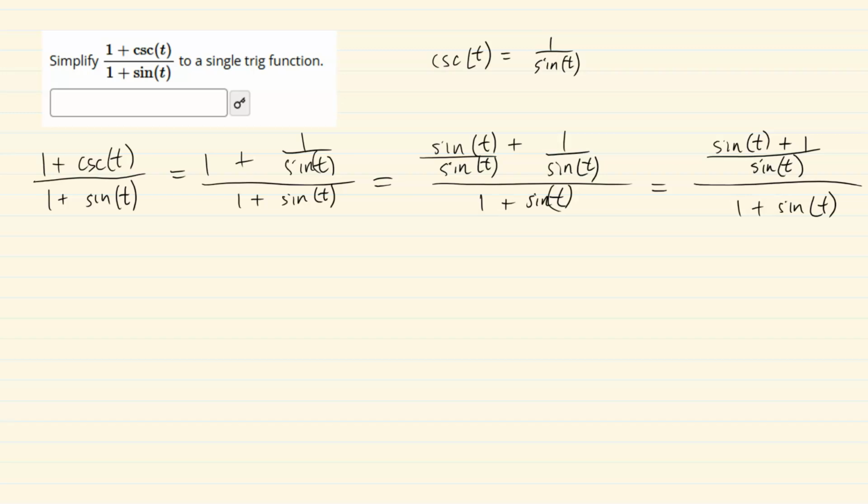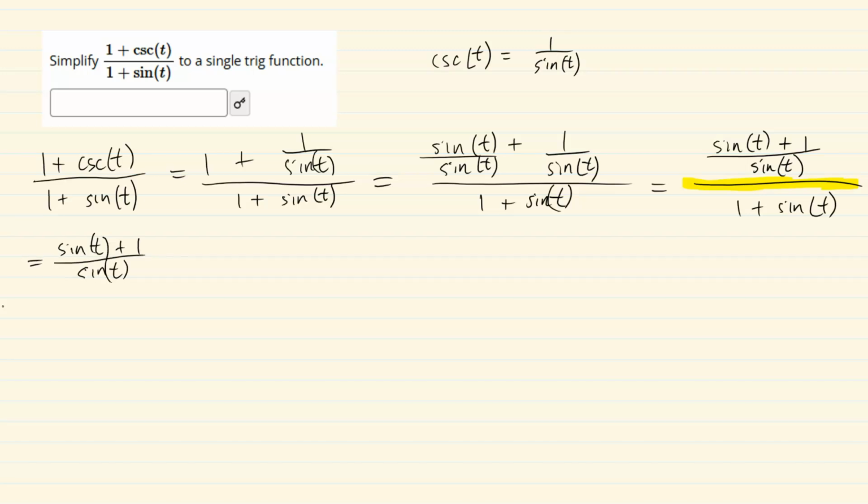that's nice. Let's go ahead and focus on this division here, the main division of this problem, like the big fraction. And let's turn that into a division problem. So we can put it in the following form. So this would then be equal to sine of t plus 1 over sine of t.